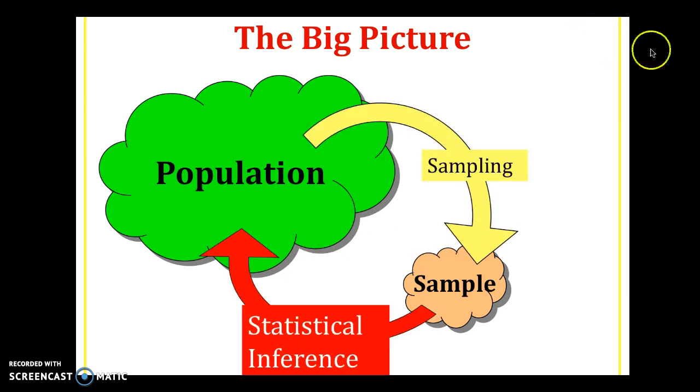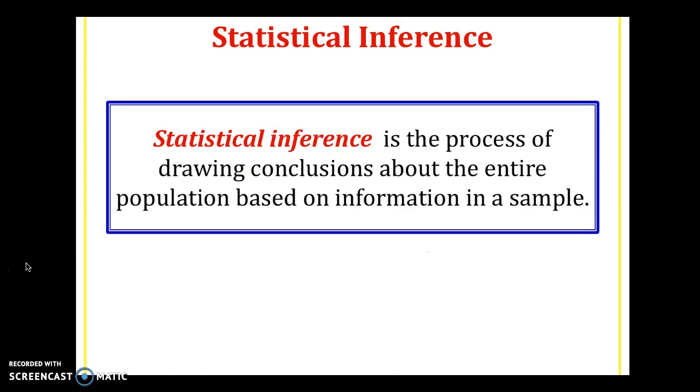And then we use that information from the sample to say something about the population. We can't be 100% certain unless we could get information on the entire population, which generally is too difficult to do. So we use this method of statistical inference to generalize from a sample to a population. And that is what statistical inference is: drawing conclusions about an entire population based on information from possibly just one sample.